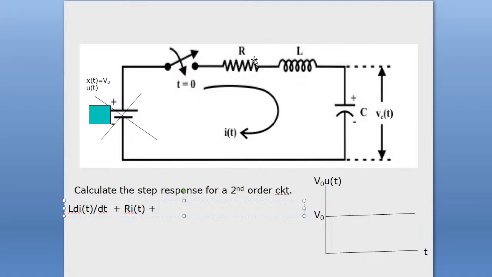Voltage drop across R is R i of t, voltage drop across L is L di by dt. Voltage drop across C, Vc, is what? 1 by C integration of 0 to t i of t dt. This equation you consider as equation 1.